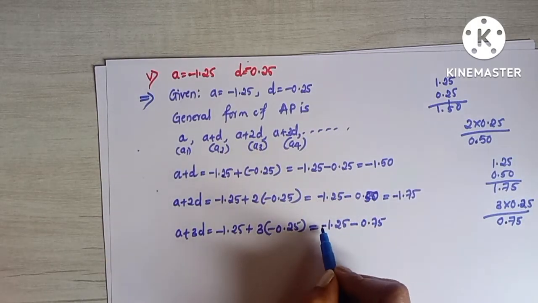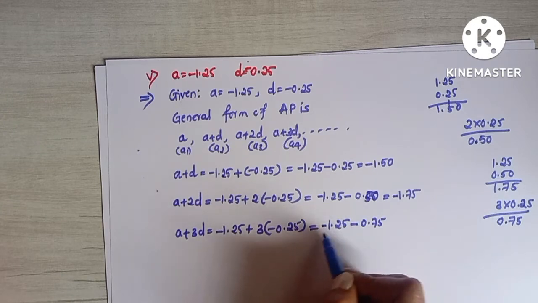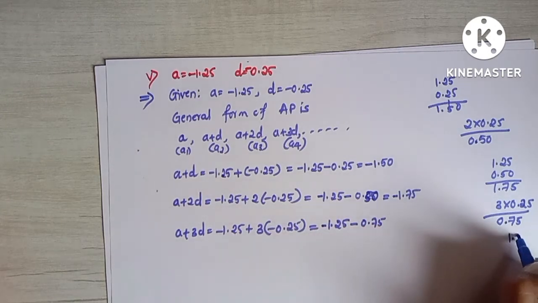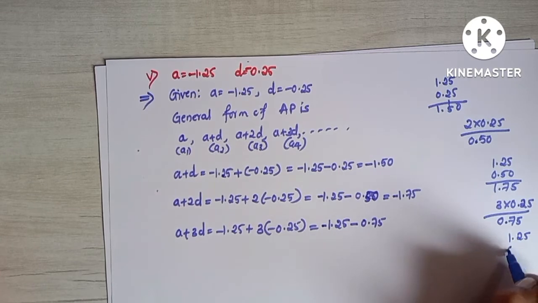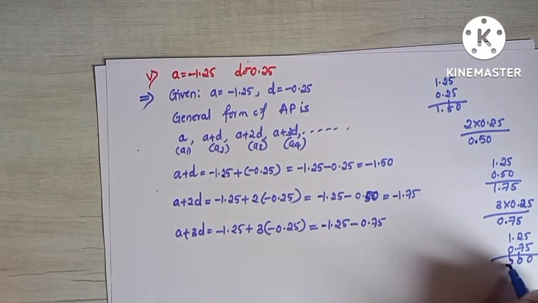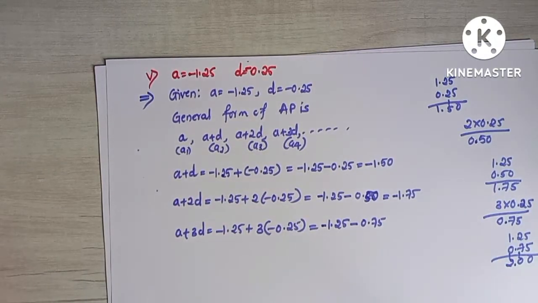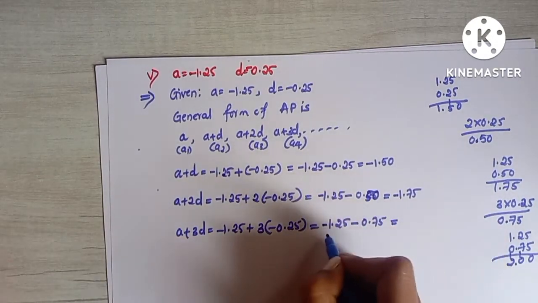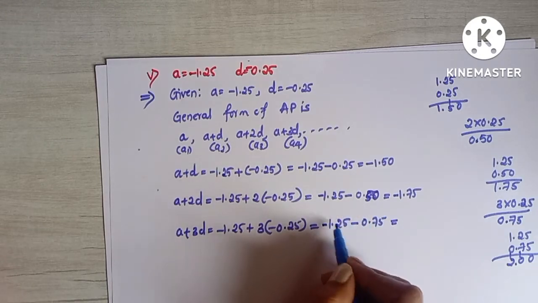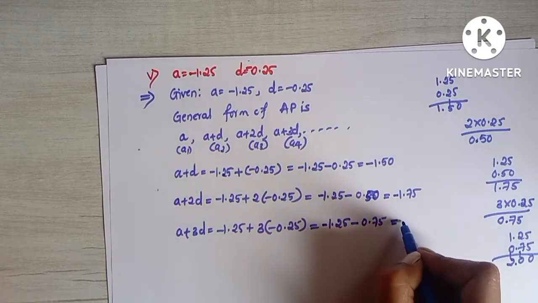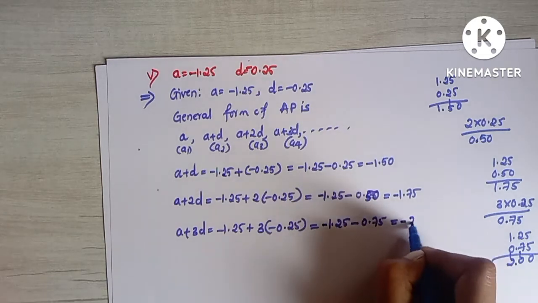So both are negative sign, therefore we have to add, that is 1.25 plus 0.75 is 2.00, that is 2 only. Bigger value is minus 1.25, therefore the sign is minus, it is minus 2.